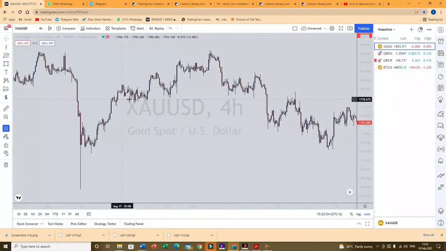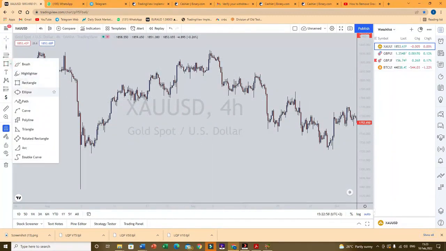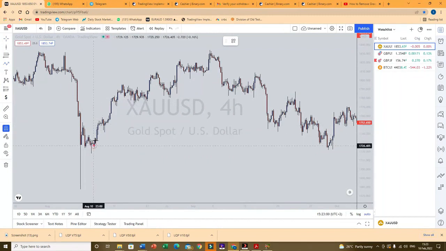Okay, if we come to this very point, you can see that our price was giving us these higher highs and higher lows, and a higher high. But from this point, price came all the way down and it managed to break the previous low, right?